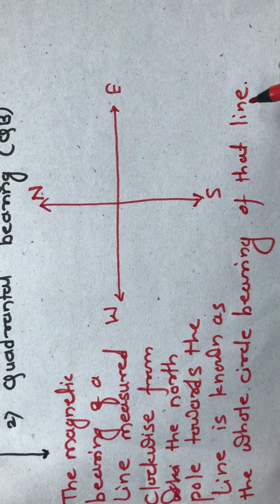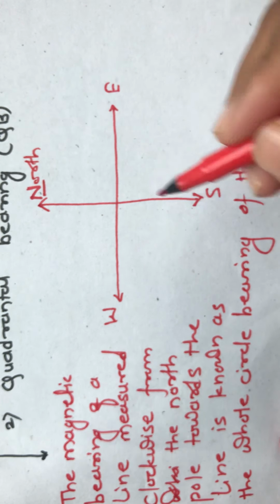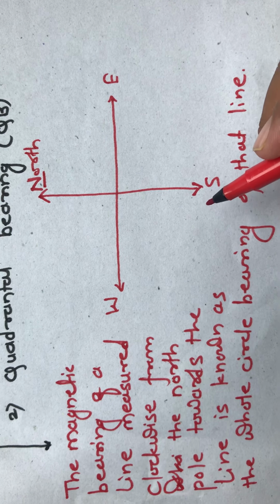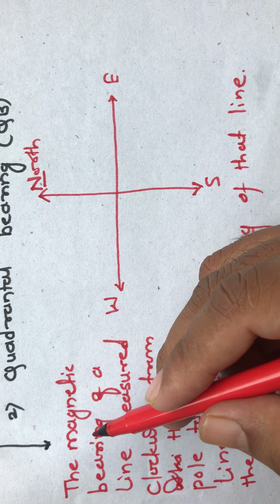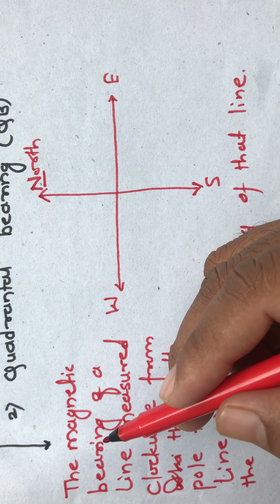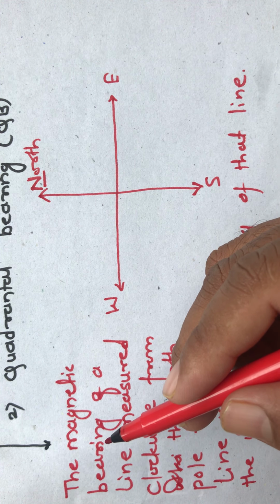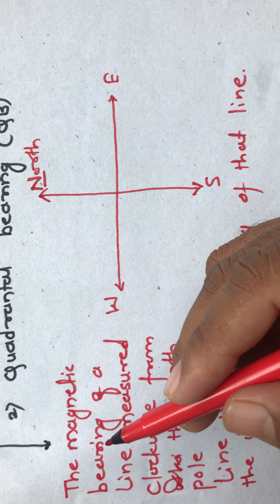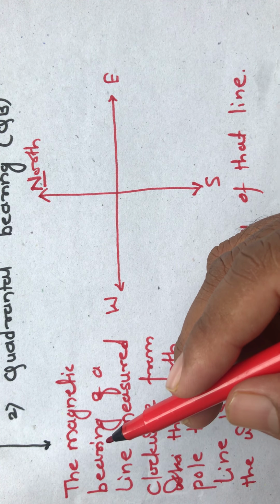Simple. Now this is north, which shows the magnetic needle. We know what the magnetic bearing is: the angle between the magnetic meridian and a line. The magnetic meridian is nothing but the magnetic needle, suspended freely and balanced properly, unaffected by magnetic substances.